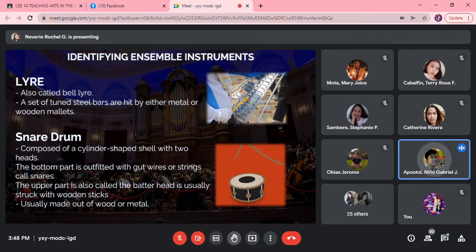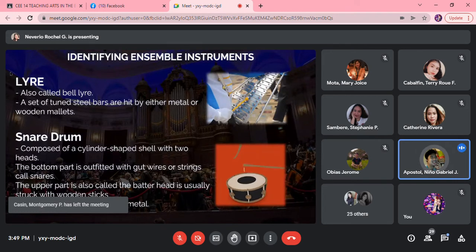So, yung naririnig nyo kung nakarinig na kayo ng drum and lyre, usually sa mga fiesta or sa mga school competition. Sila yung nagke-keep ng beat dun sa kung ano man yung piece nila. And some examples of these are snare drums being used in an orchestra, marching band, or the military. The snare drum is also an integral piece of the drum kit.